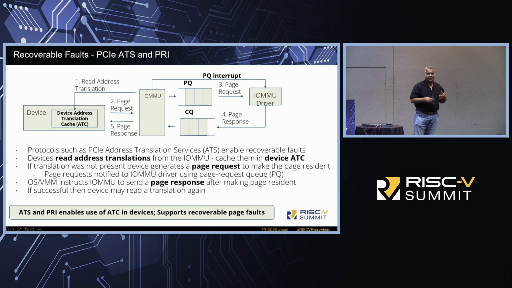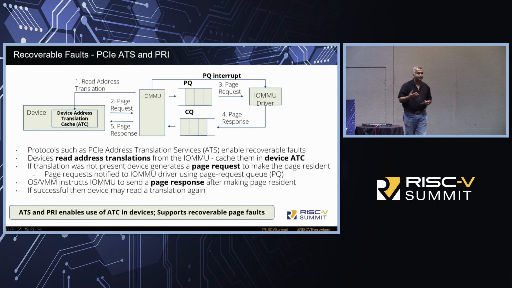With ATS, the devices have an address translation cache in the device, and it has a couple of benefits, one of them being able to recover from faults. Now the I/O flow turns into an initial step where the device, before making a memory access, requests an address translation from the IOMMU. And it can then cache that address translation in its device-side address translation cache.